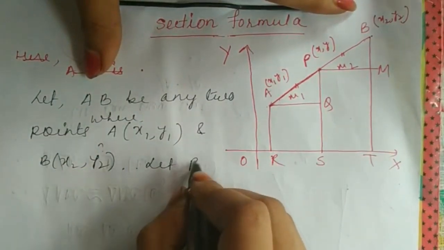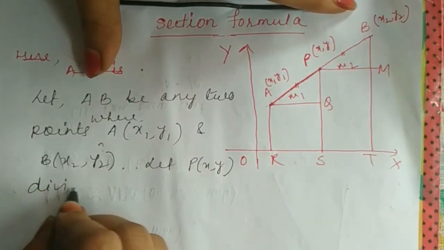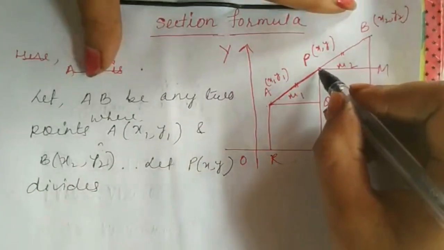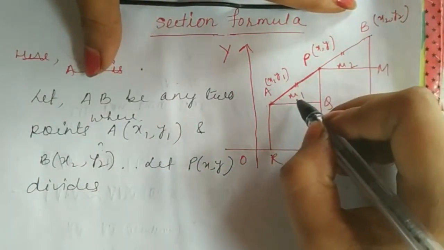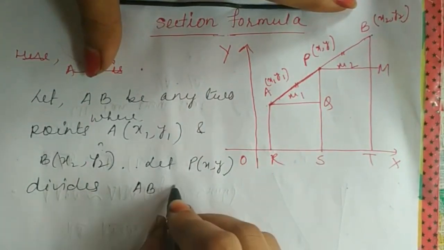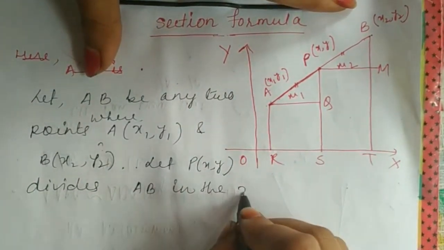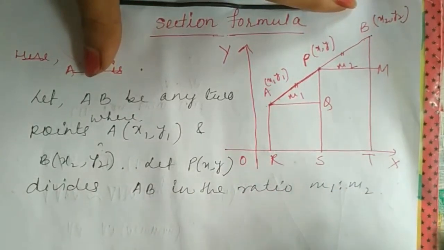Let P, x comma y, divide AB in the ratio M1 is to M2.